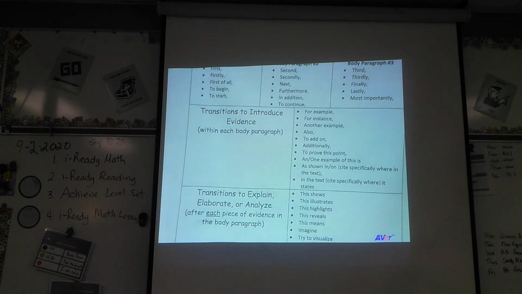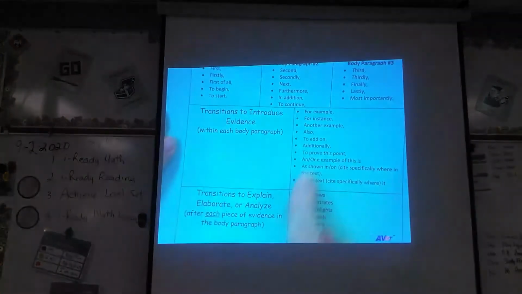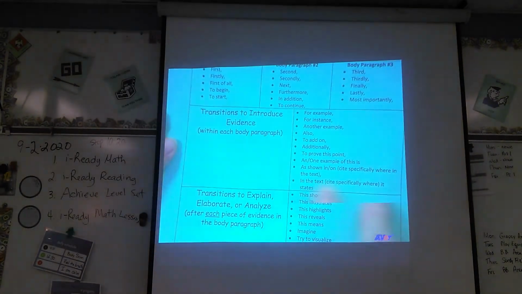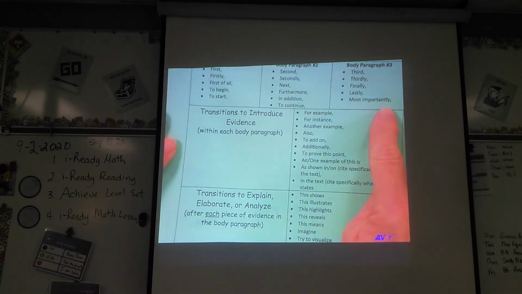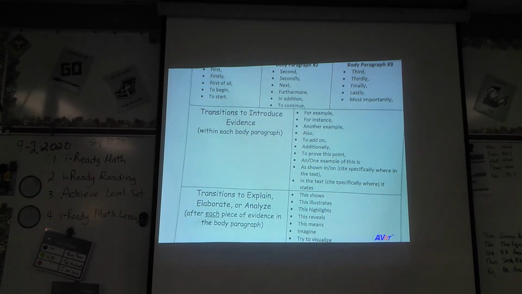For this essay, you're probably not always going to be using a mini story. You're going to be using some description maybe and some explanation. But in this box right here are all kinds of different transitional phrases that you're going to use to introduce your evidence.